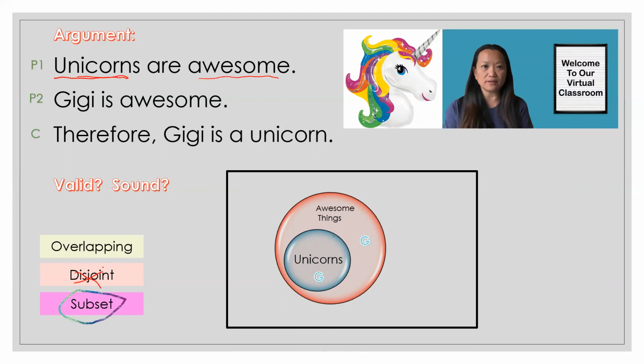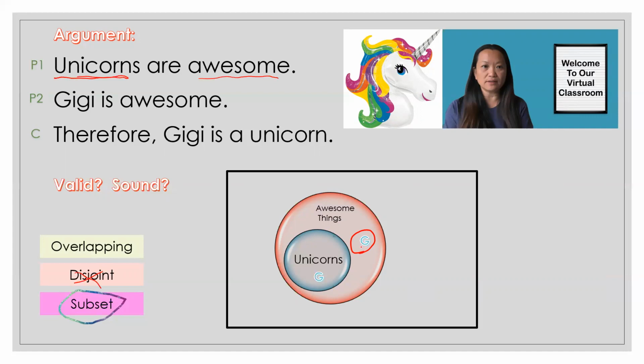So is it necessary that Gigi is a unicorn? No, not if she's out here, right? So does the conclusion necessarily follow from the premises? And the answer is no, it doesn't have to.